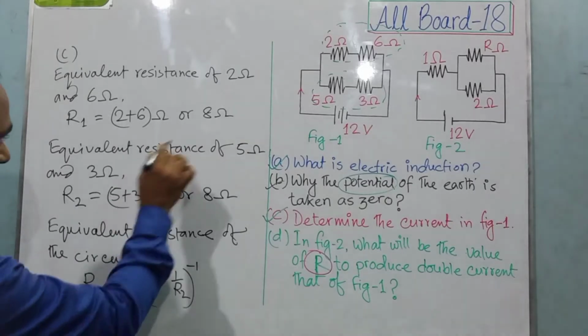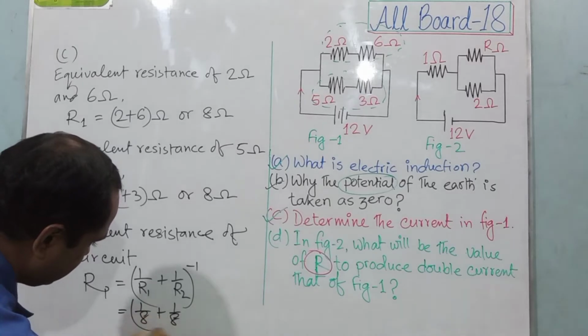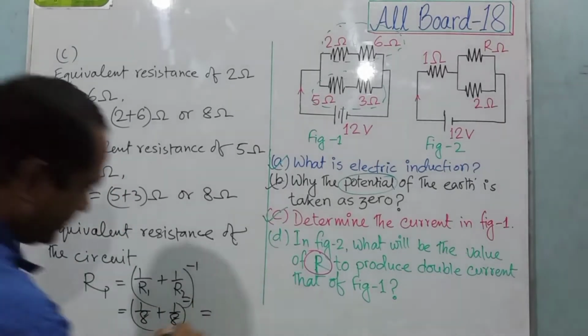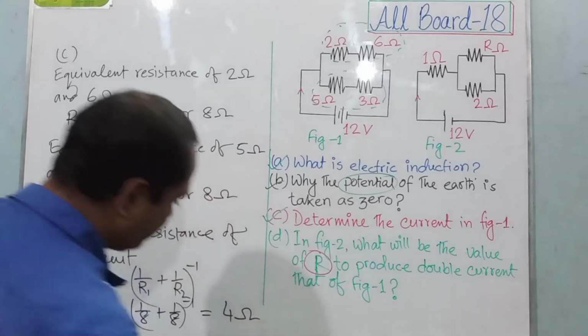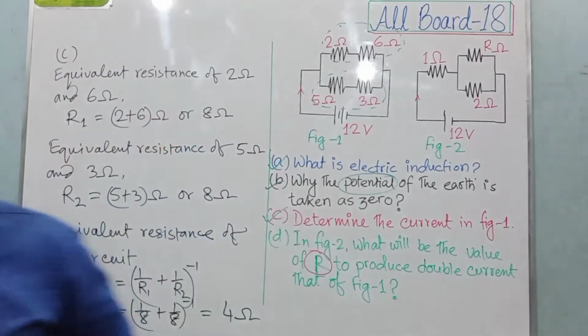By using the value of R1 and R2, 1 by 8 plus 1 by 8 inverse, and after the calculation we will get 4 ohm. That is, the equivalent resistance of this circuit is 4 ohm.